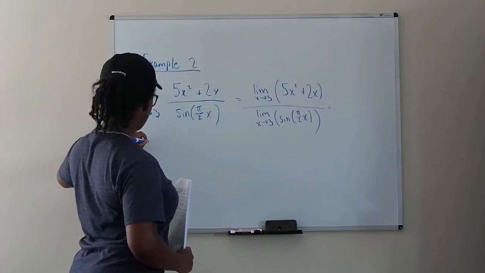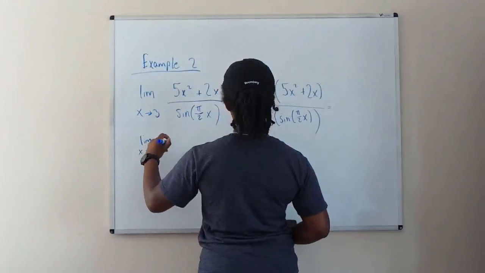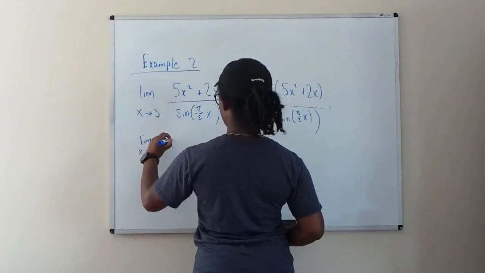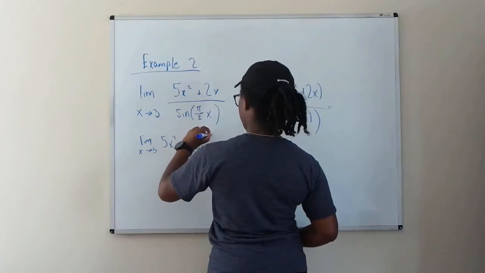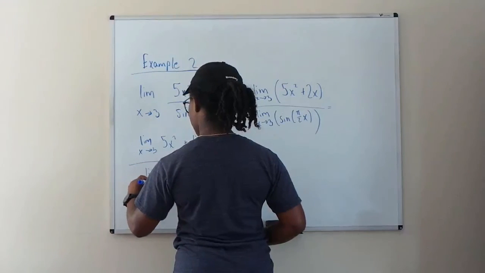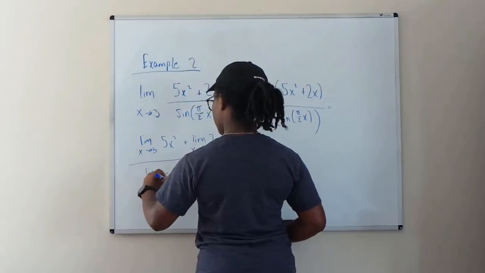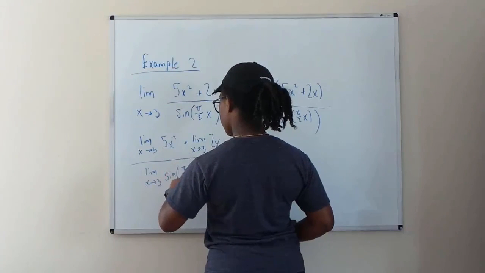So we could have the limit as x approaches 3 of 5x squared plus the limit as x approaches 3 of 2x. And this is still all over the limit as x approaches 3 of sine pi over 2x.